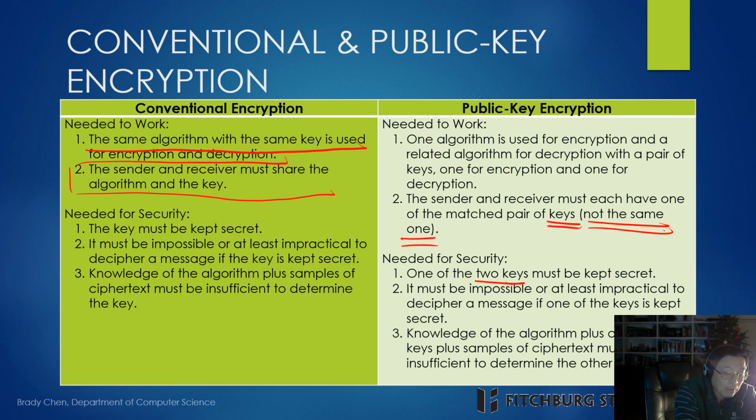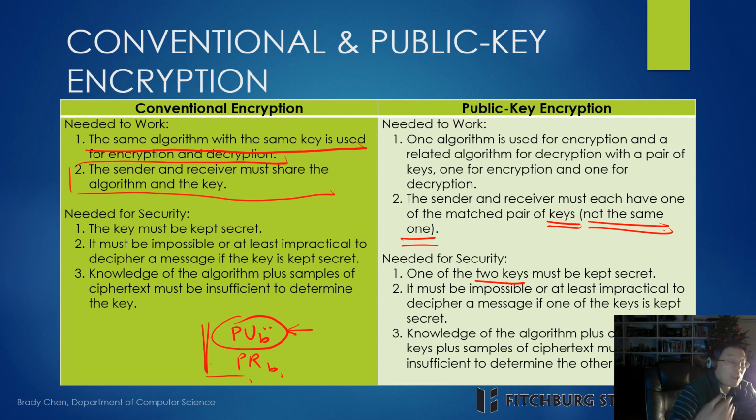Now typically it must be impossible, or at least impractical, to decipher a message if one of the keys is kept a secret. So that means if Bob created his own public key and private key, of course everyone can get Bob's public key, right? Now, the keys must be somehow related, because one can be used for encryption and the other for decryption.